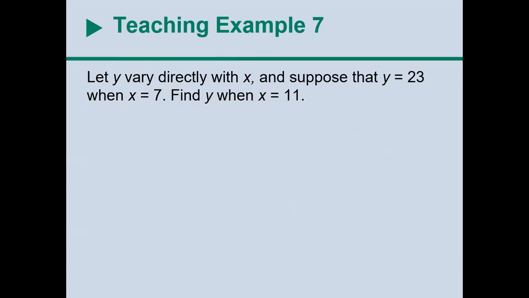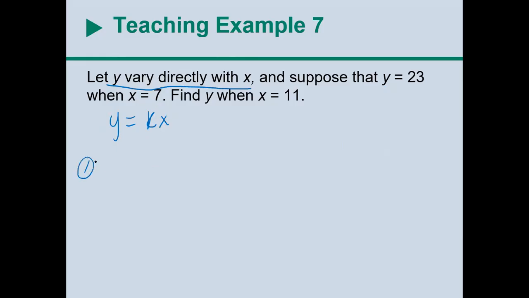All right, so here we have just practicing with varying directly. In this situation, it's telling us that y equals 23 and x equals 7. And we are doing direct variation because it says y varies directly. So we have y equals k times x. And I know this because it tells me right here, y varies directly with x. Agreed? Okay. Suppose that y equals 23 and x equals 7.